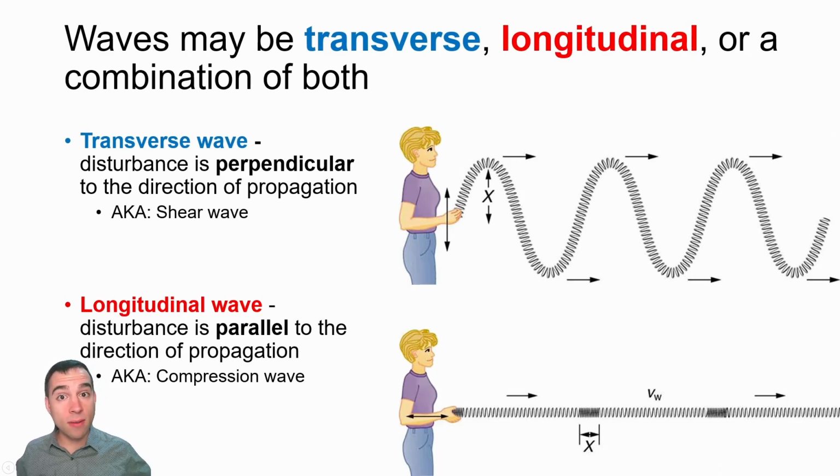So if your wave is traveling to the right, but the disturbance goes up and down, you have a transverse wave or a shear wave. But if the wave is traveling to the right and your amplitude is also a horizontal displacement, then you have a longitudinal wave or a compression wave.